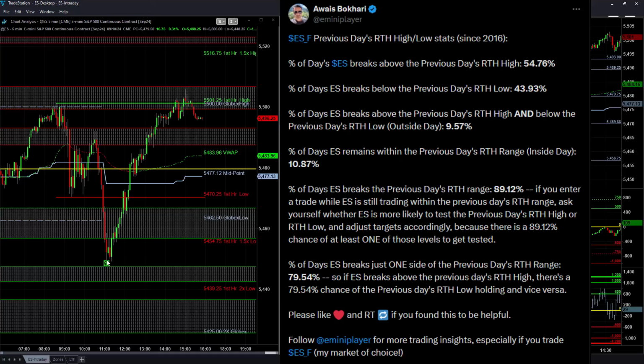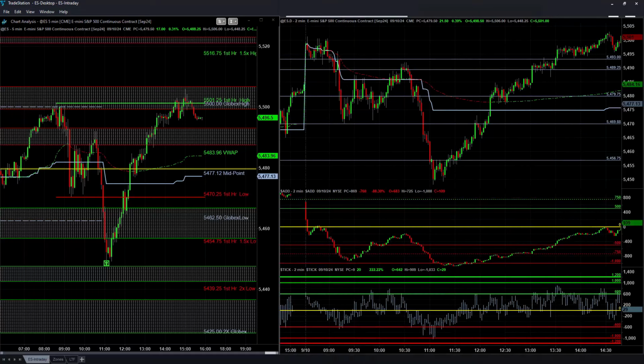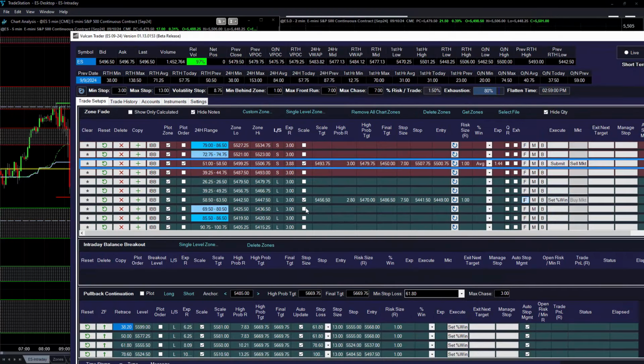Again, we don't know if the trade's going to work or not, but what we do know is that statistically, when the market has taken out the prior day's high, there is a significantly lower probability of it taking out the prior day's low. And as I mentioned earlier, we don't have to predict if that area is going to hold or not.